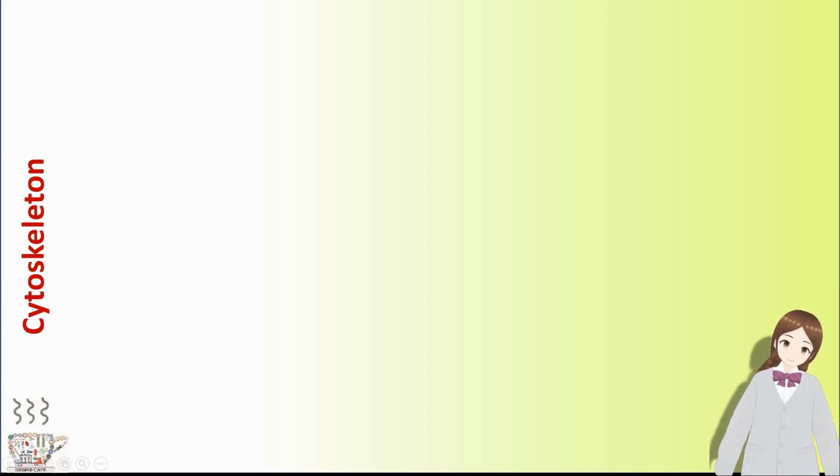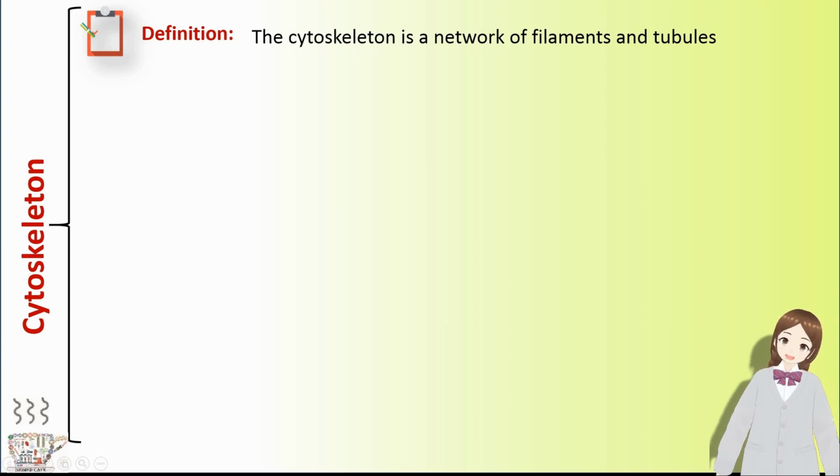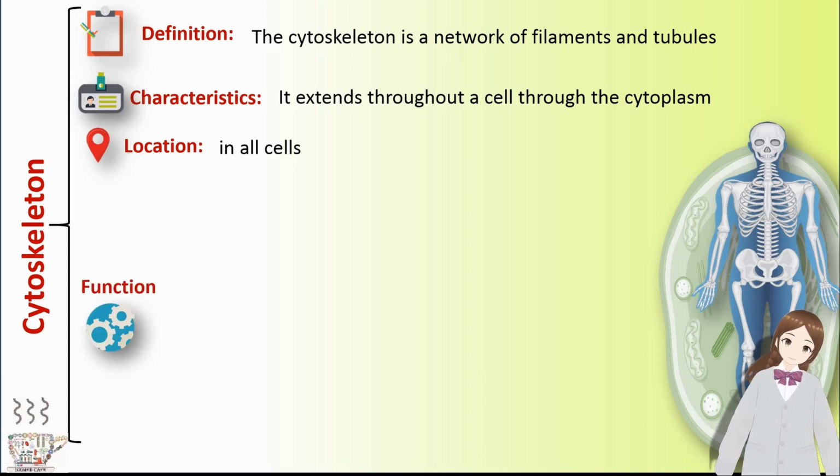Cytoskeleton. The cytoskeleton is a network of filaments and tubules. It extends throughout the cytoplasm of the cell. It's located in all cells.